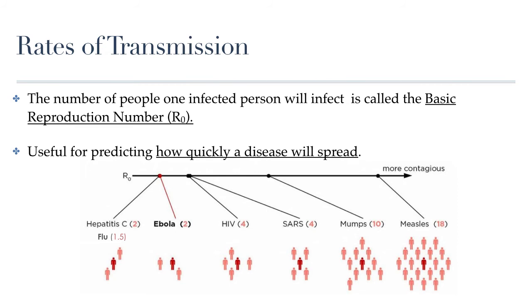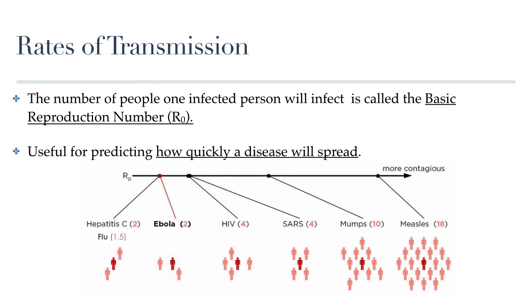So for example, a disease like the flu, the common flu, has an R naught of 1.5. So a typical person who has the flu on average will transmit that flu virus to 1.5 people. Obviously, there's no such thing as half a person. So picture it as 2 people with the flu can transmit the disease to 3 different people. Hepatitis C, for example, has an R naught of 2. So one person with hepatitis would usually give the disease to 2 people.